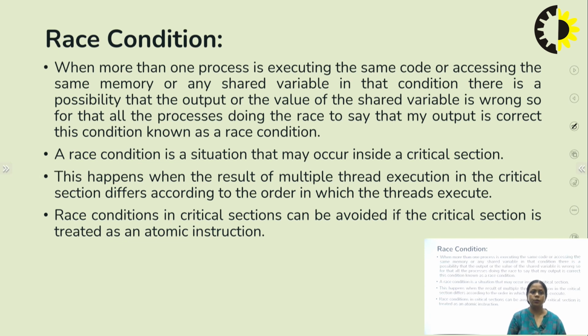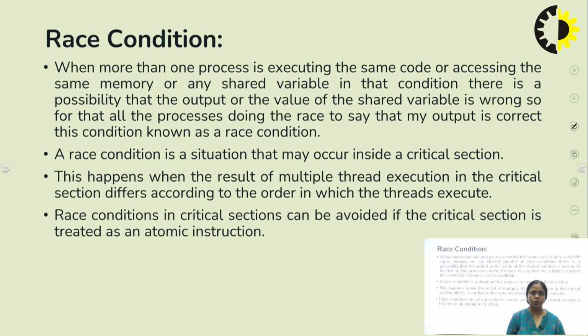This condition is known as a race condition. It means if a variable is shared by different processes, after the execution of the different processes the variable value can differ, and every process says that this is the right value. Then this is like a race, and this is known as a race condition.